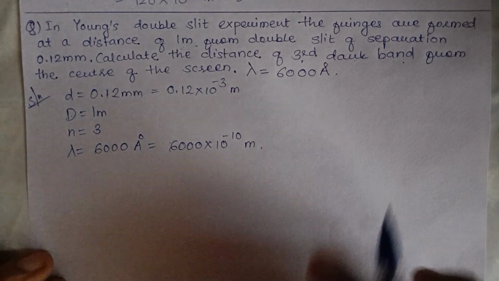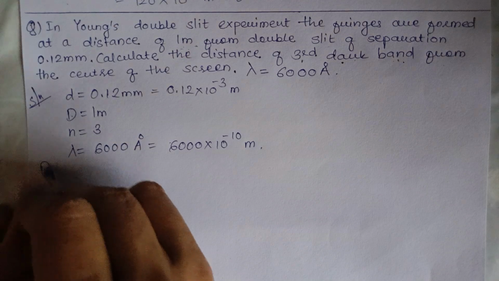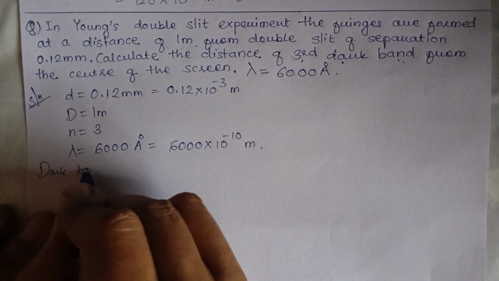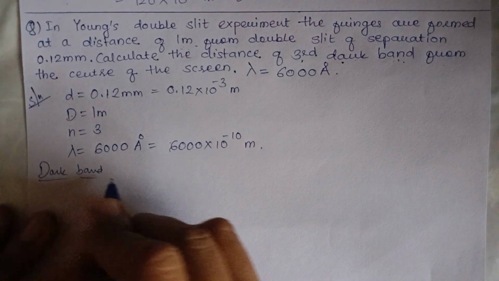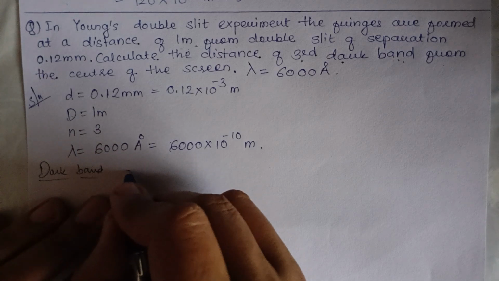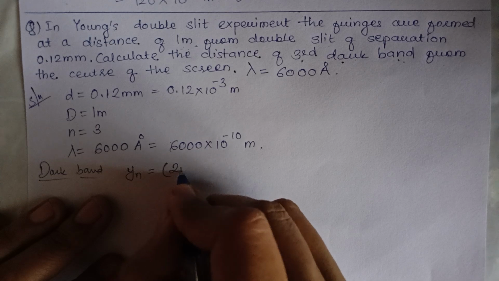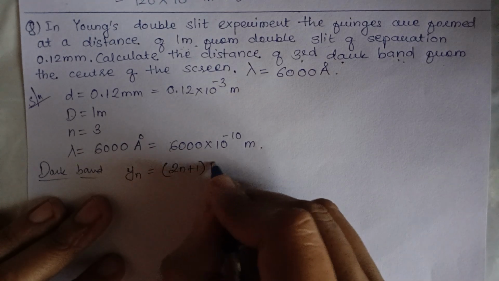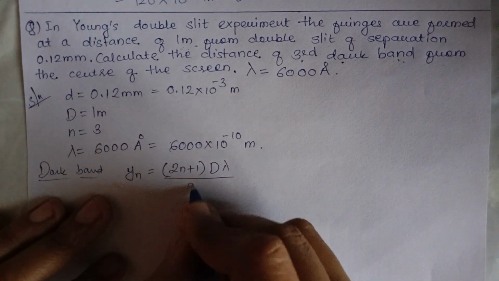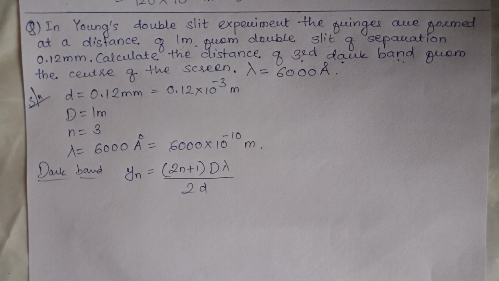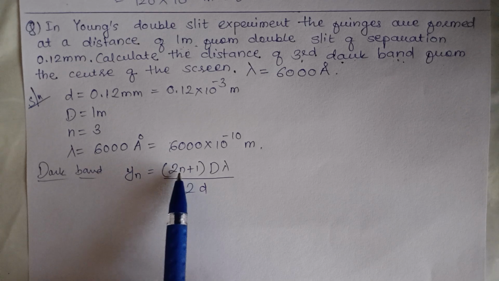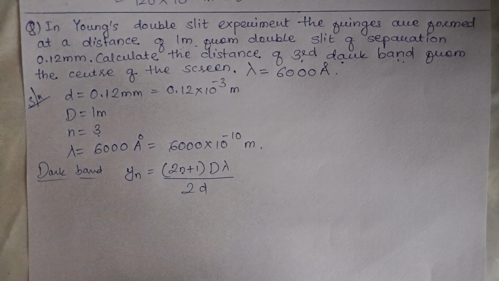Okay. So for a dark band, we use y_n equal to (2n plus 1) D lambda upon 2d. Now here you can't directly take n equal to 3, right?